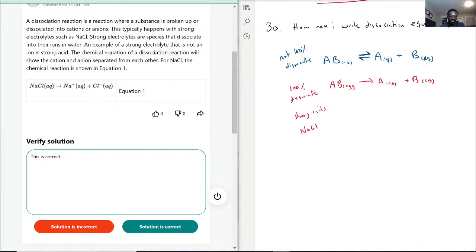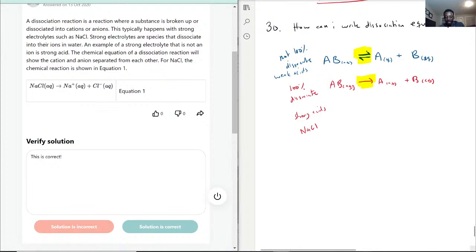But when you have things that are weak acids, so not 100% dissociating, you want to use this arrow here. The arrow is a key difference between 100% dissociating and not 100% dissociating. So this is correct.